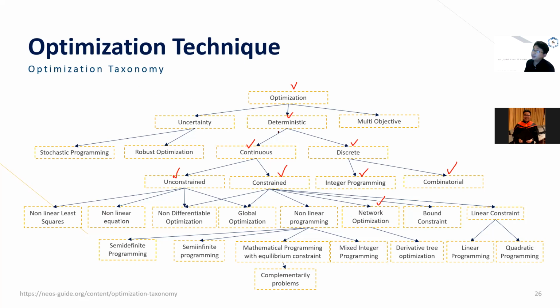And I'm not sure actually this one is a valid way to do the taxonomy, but I think the guys that provide this one are quite reliable, since they also provide optimization software on their site.